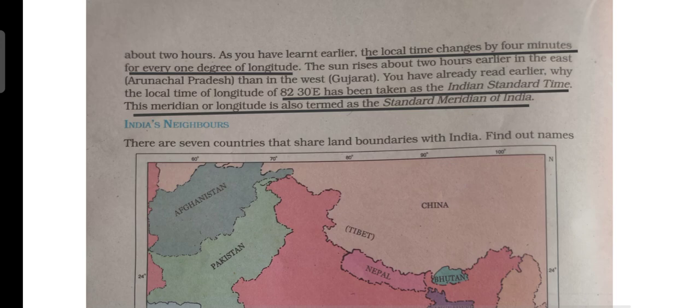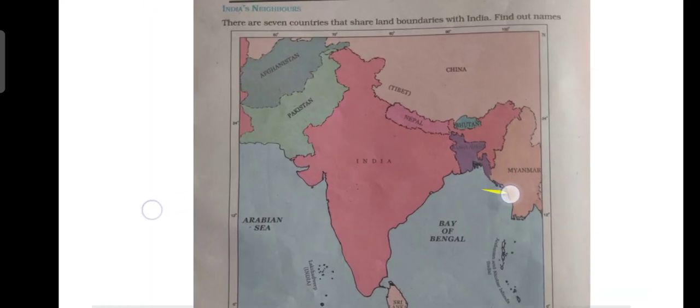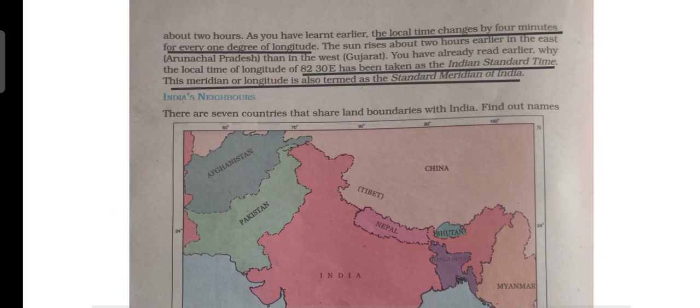If you subtract the values of longitudes that we have seen here, 68 degree 7 minute east and 97 degree 25 minute east, if you take away 68 from 97, you will get approximately 29 degrees. So children, this difference of 29 degree can be almost 2 hours. So places that are on the east will be 2 hours ahead of the places that are on the west.